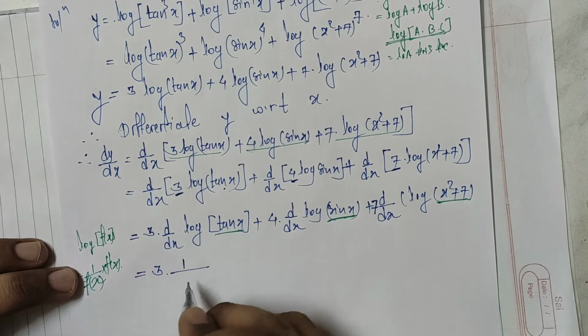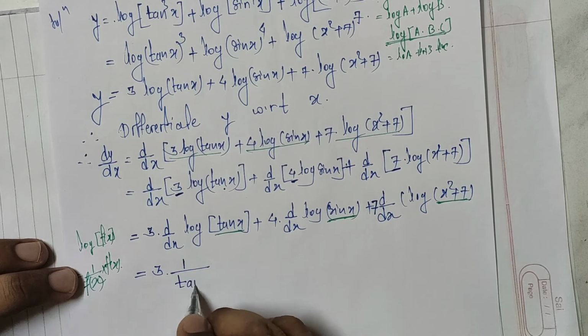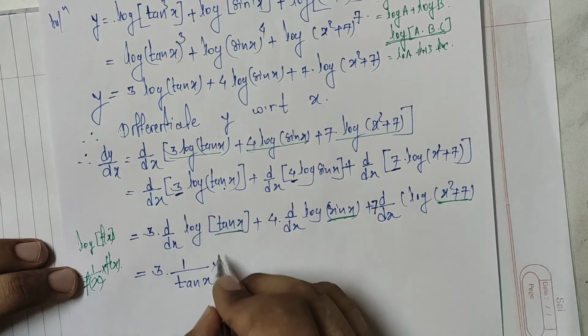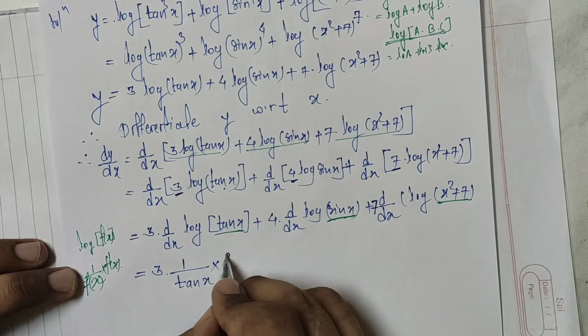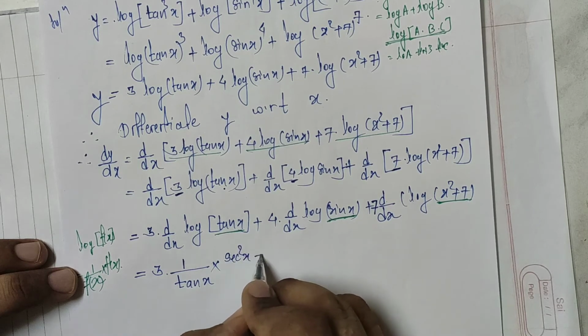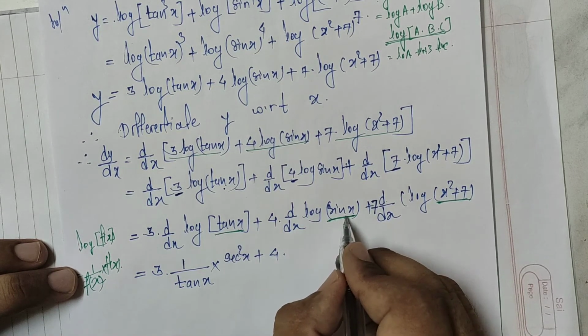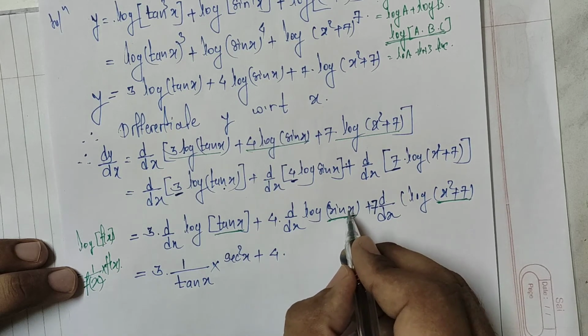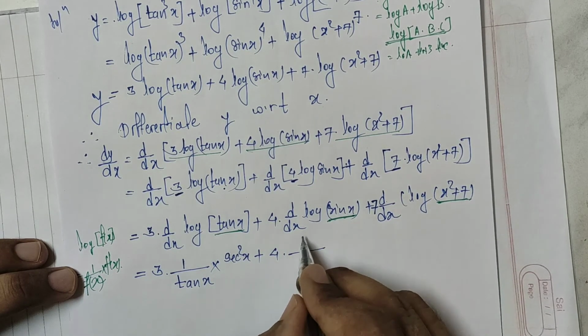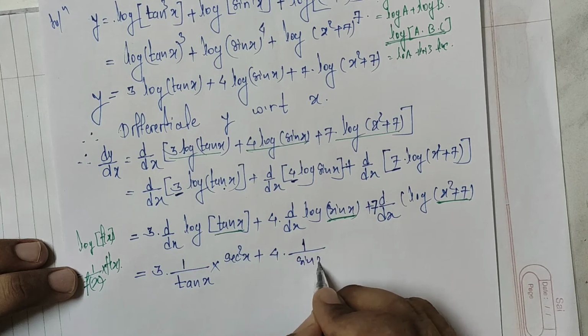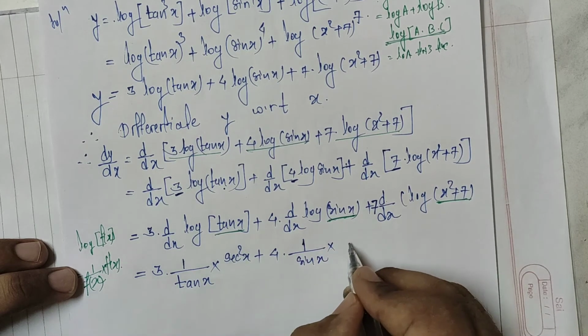Therefore, first finding the log derivative: it is 1 upon tan x, then the tan x derivative directly. Tan x derivative is sec square x, plus 4 as it is. And the derivative of log of sin x means 1 upon sin x into the sin x derivative.